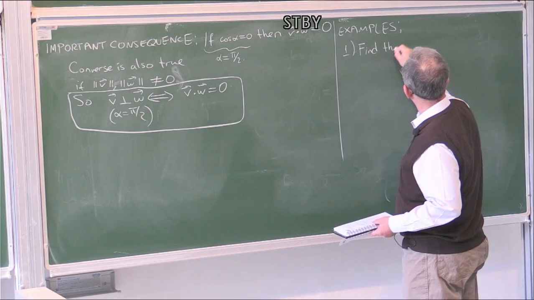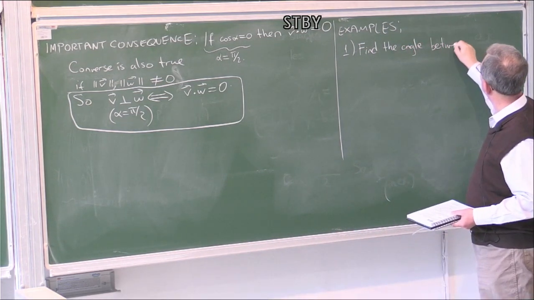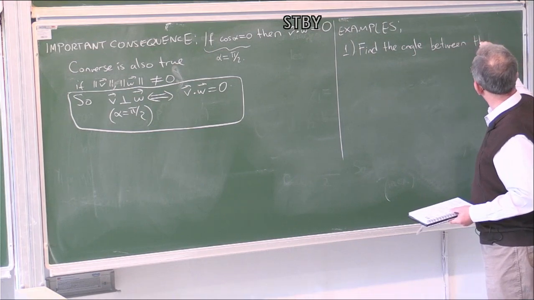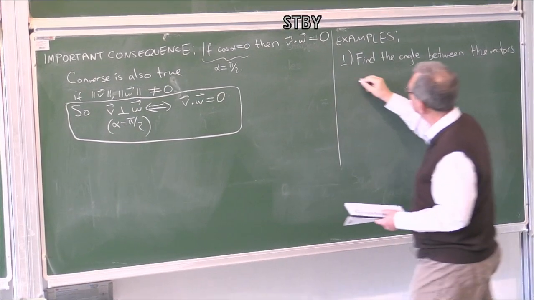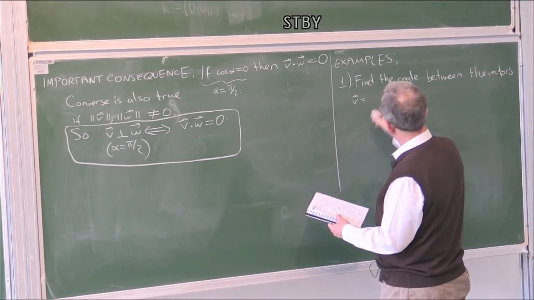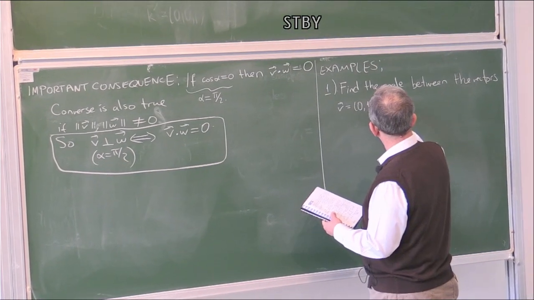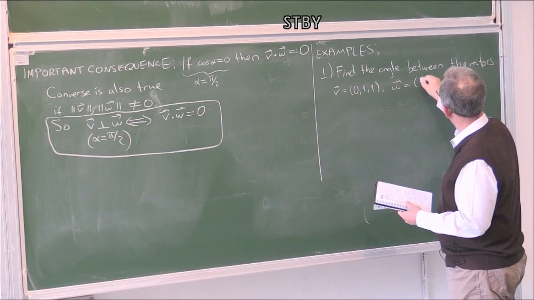Find the angle between the vectors in space. V is 0, 1, 1, and W is 1, 0, 1.